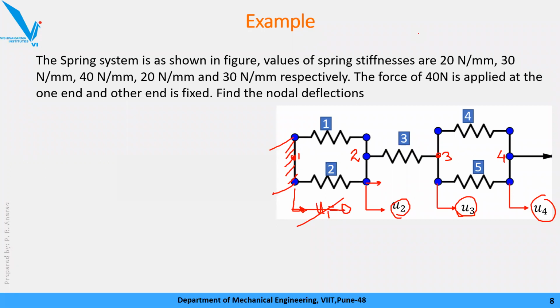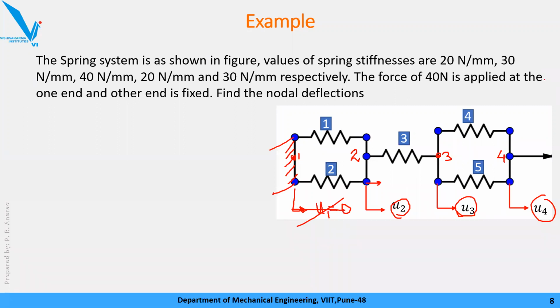There is one question: the k values are different, so how will we determine the resultant displacement? Don't worry, that is going to be taken care of by our governing equation. I'll show you. So u2, u3, u4 is our target.